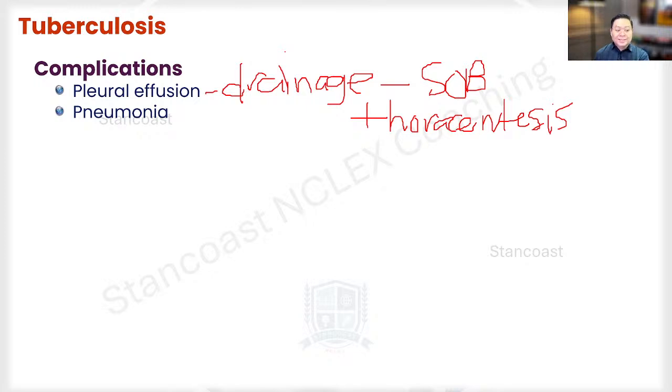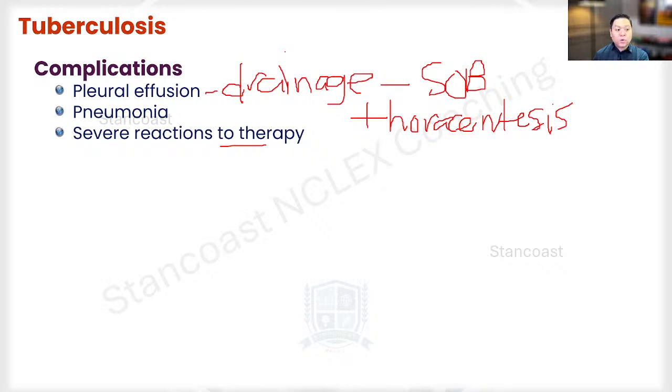Because there's already an existing infection, it can also lead to inflammation, and it will allow the filling of the air sacs with pus or fluid. And this can also lead to some severe reactions related to the medication or the therapy.